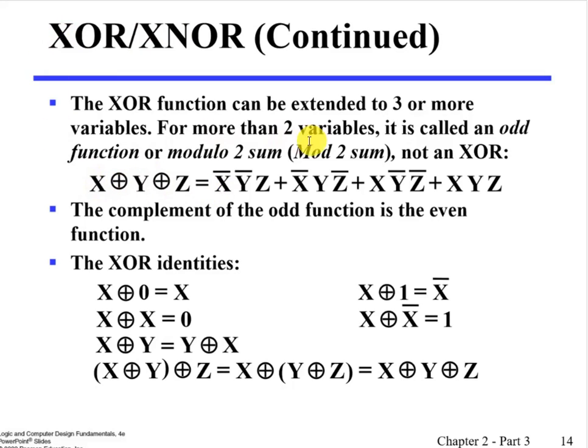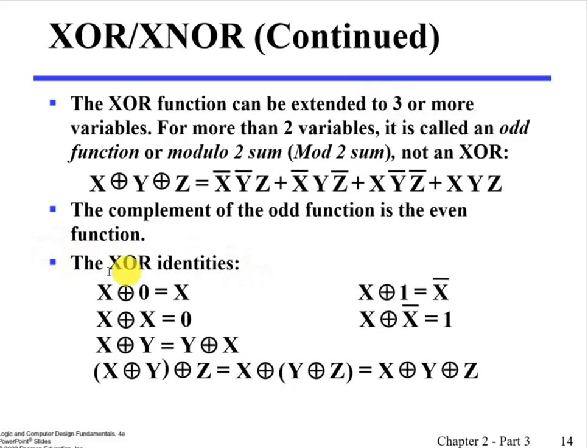For more than 2 variables, it is called an odd function, or modulo 2 sum, not an exclusive OR function. So in this example, X XOR Y XOR Z is equal to the following. The complement of the odd function is the even function.